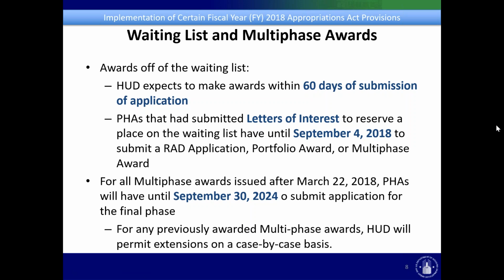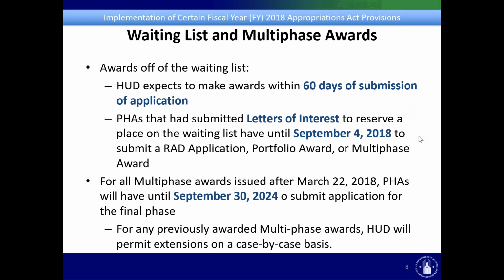within 60 days. And then PHAs that had submitted letters of interest in order to put themselves on the waiting list have until September 4th, 2018 to submit a RAD application, portfolio award, or multi-phase award. So aside from the Federal Register going out, we've notified all of those PHAs of this deadline.